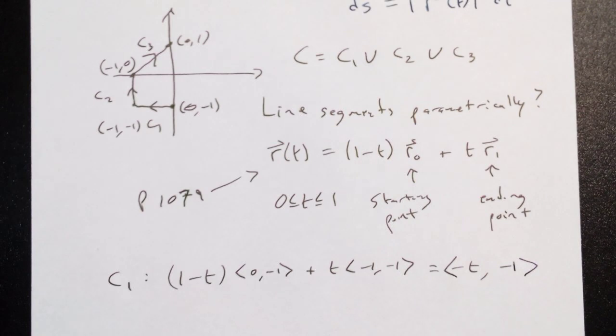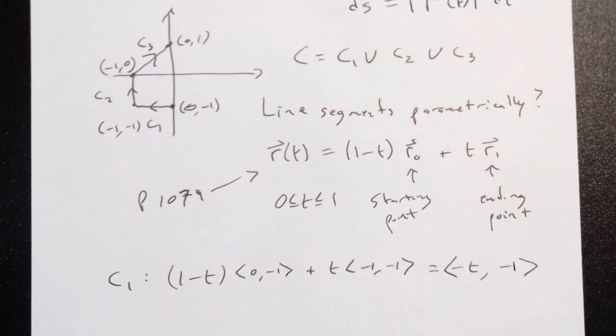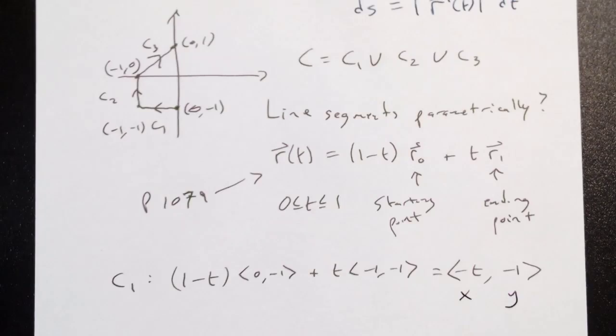Now that makes sense because the y value is always -1 on that part of the curve. That's a horizontal line. Here, the y value is always equal to -1. That should stay constant. But now I have x of t and y of t. Or if you'd rather, what I have here is r of t. And then I can do curve 2, and curve 3 the same way.